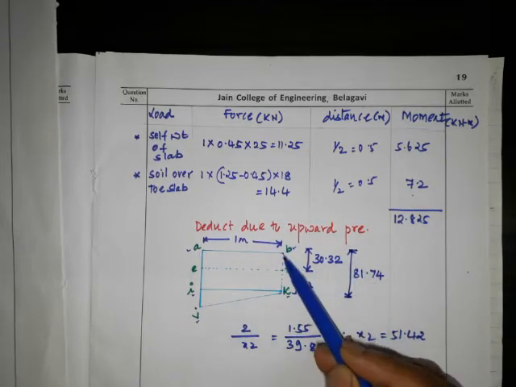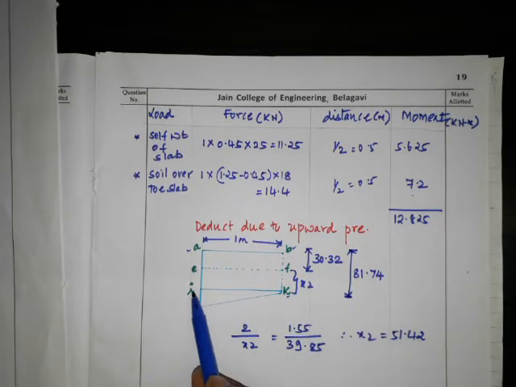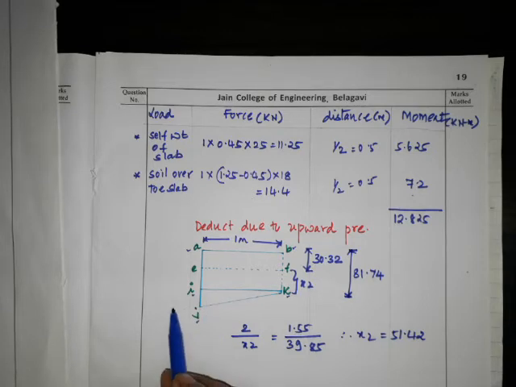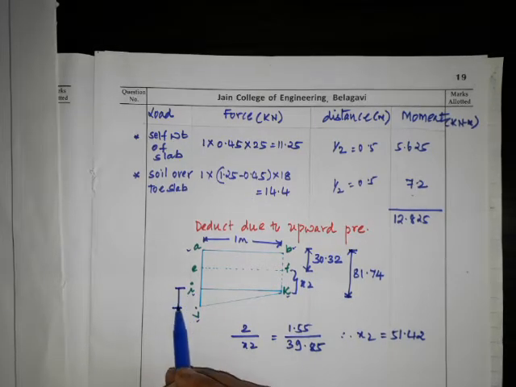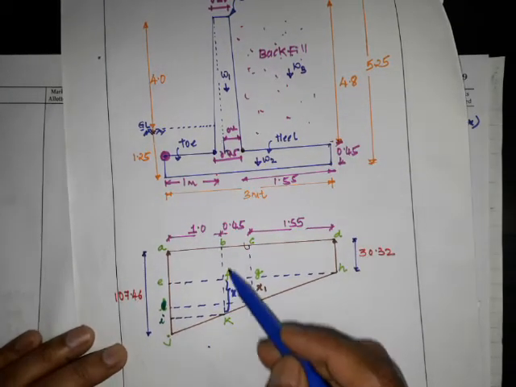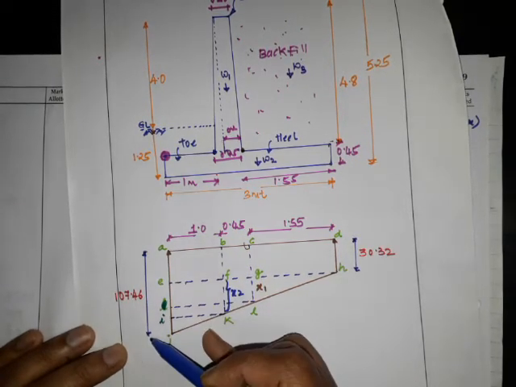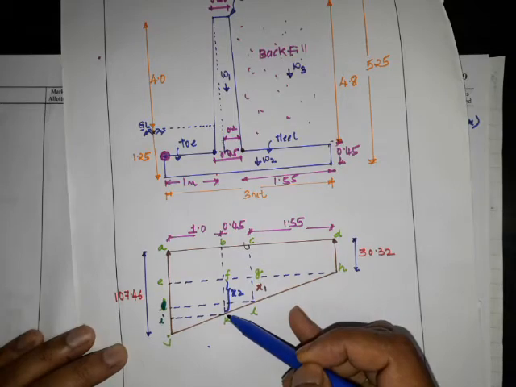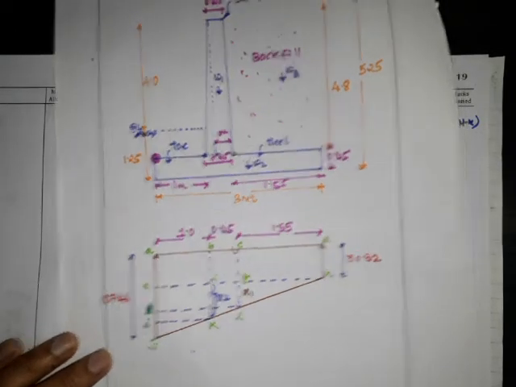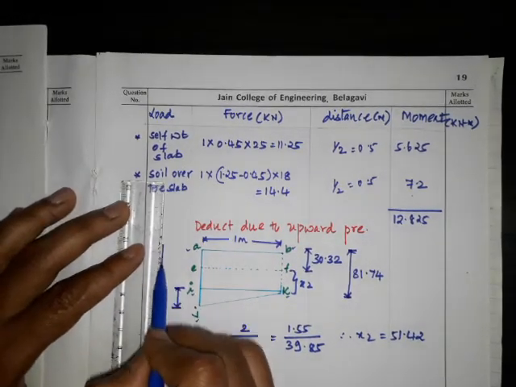Okay, BK, because we have to consider A, B, I, K. So I got the height of BK, and the width of that is 1 meter. Now next IJ, so this height I have to find out. So as you know that this total height is 107.46, and if I know this value of BK, then 107.46 minus BK, I can easily find out IJ.